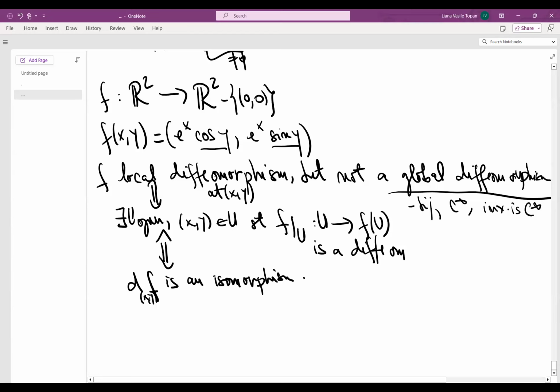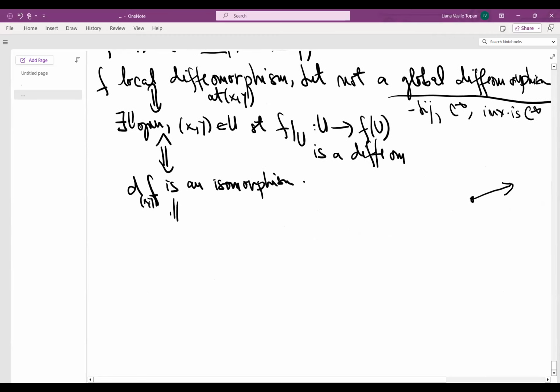Remember, this goes from the tangent space here, which can be identified with R squared, to the tangent space here, which again can be identified with R squared. Imagine R squared, which is the plane, the board I'm writing on. If you take a point here, a tangent vector to R squared is any vector in R squared. So you just fix the point here. All right, so this is an isomorphism.